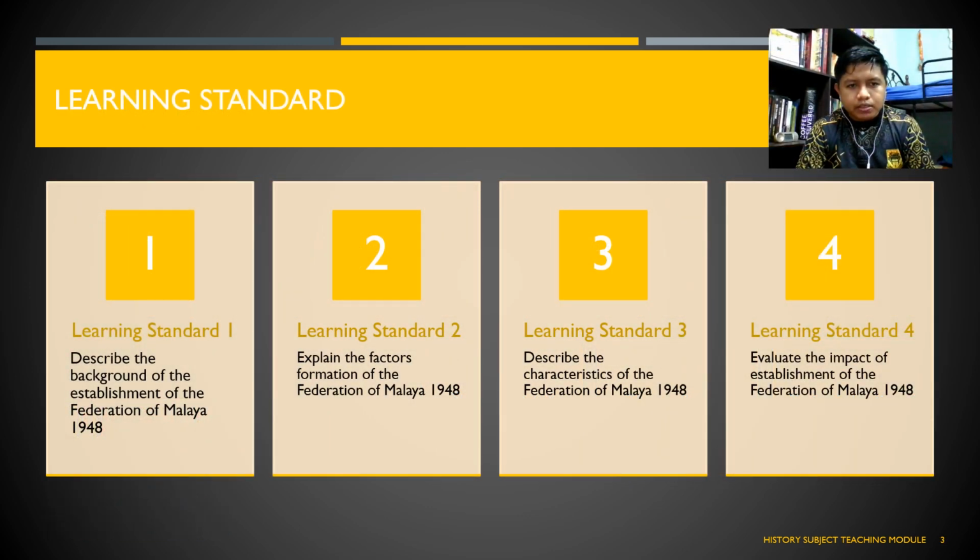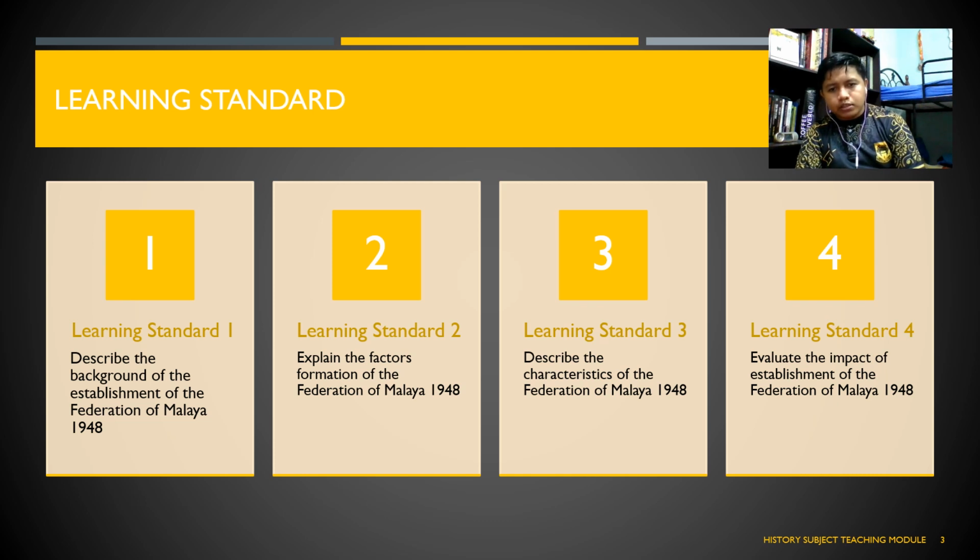These are my learning standard. So I have 4 learning standard to be achieved for the lesson. For the first learning standard is to describe the background of the establishment of the Federation of Malaya 1948. Learning standard number 2 is especially the students can explain the factors formation of the Federation of Malaya 1948.